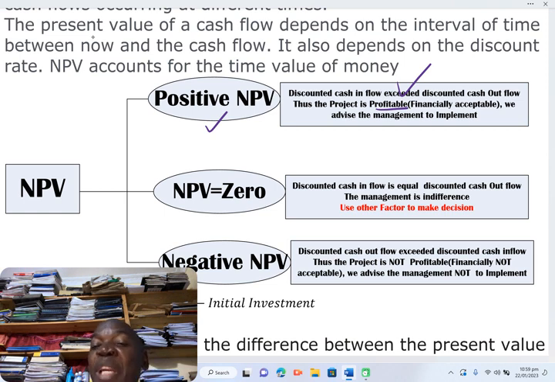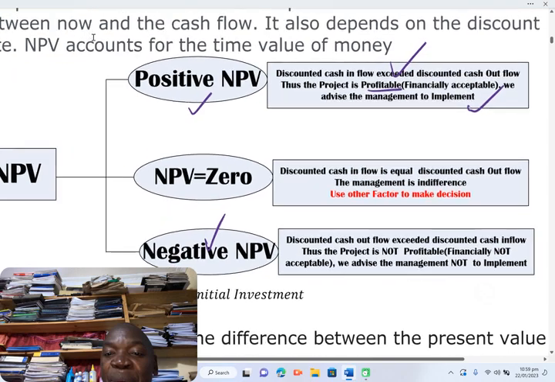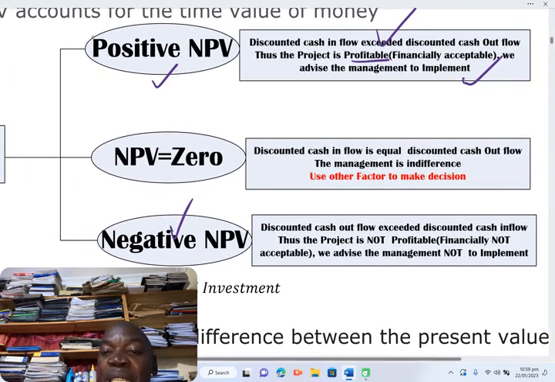So we have to advise the management to implement the project under this method. If NPV is negative, what is our decision? We are saying discounted outflow exceeds discounted inflow, meaning the expenses exceed income. Therefore, this is loss making. Thus, the project is not profitable and management is advised to reject it.